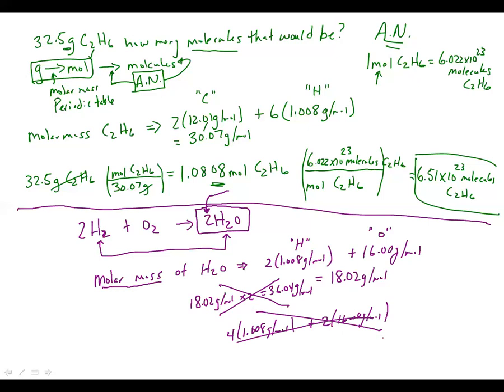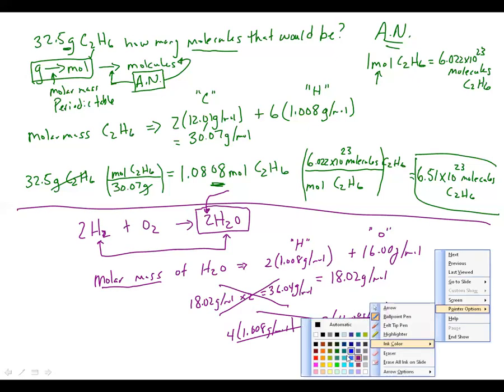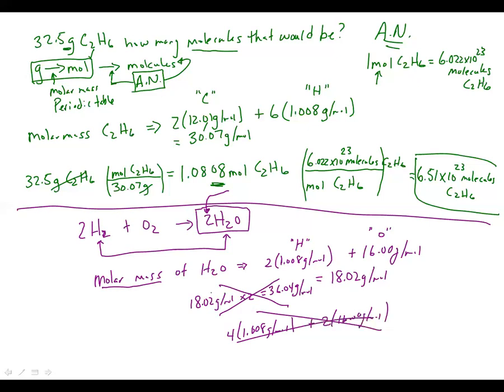Regardless if there's a coefficient in a balanced equation and you need the molar mass, the definition of molar mass is what we talked about earlier. The definition of molar mass is how many grams there are in basically 1 mole of something.